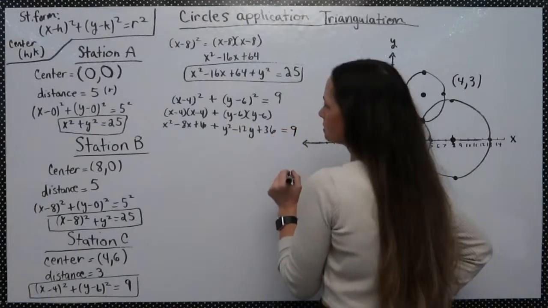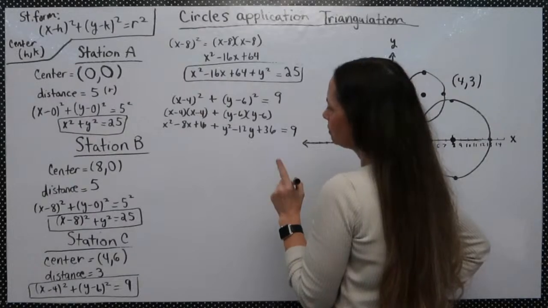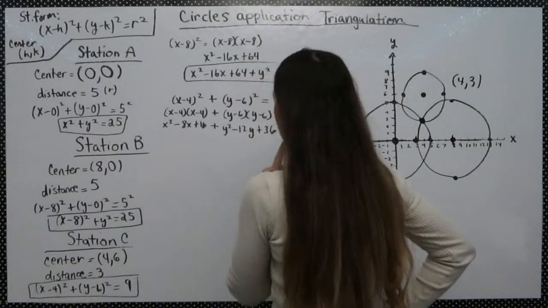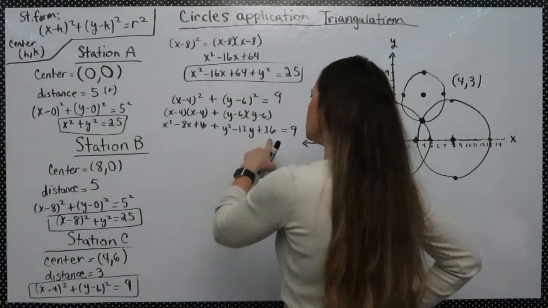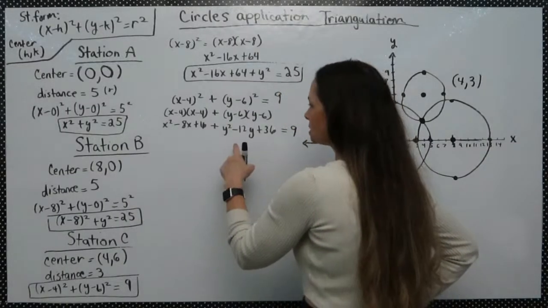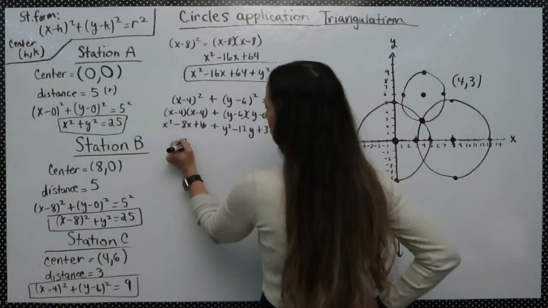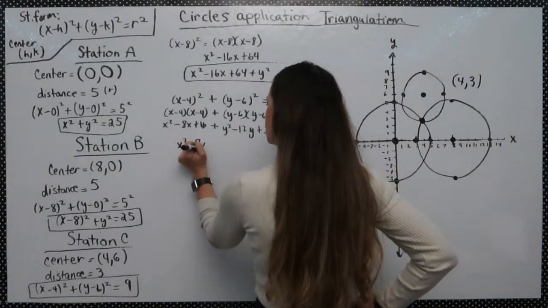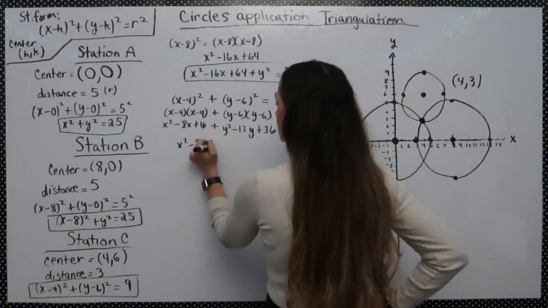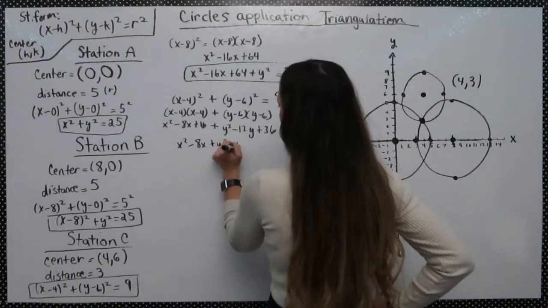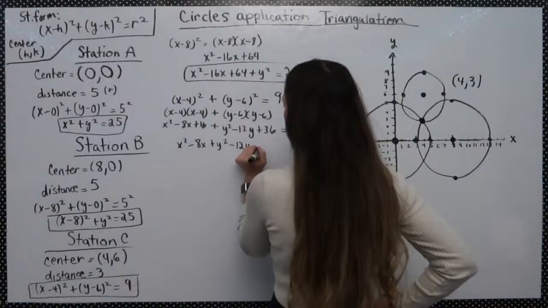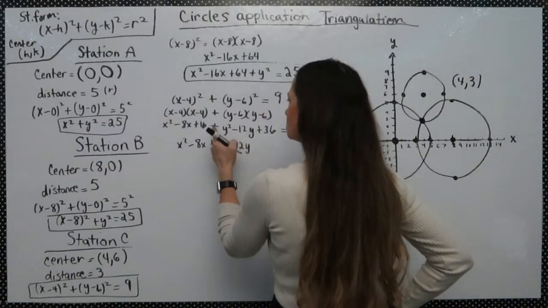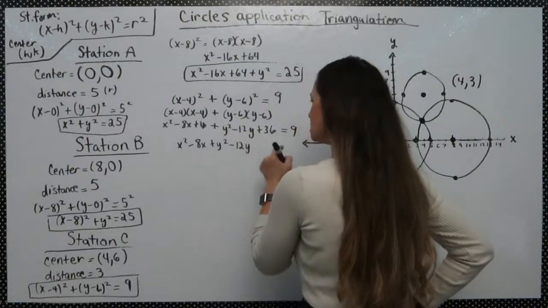All right, so since I have all 3 of these, let's go ahead and combine these constants here and get this a little bit simpler. So this is going to be x² - 8x + y² - 12y, and that is going to equal, let's see, 16 plus 36.